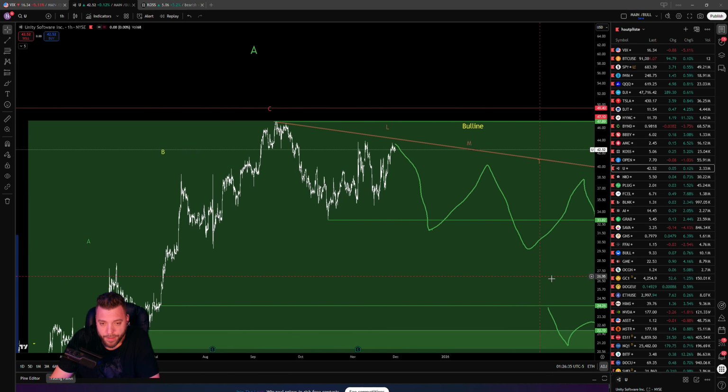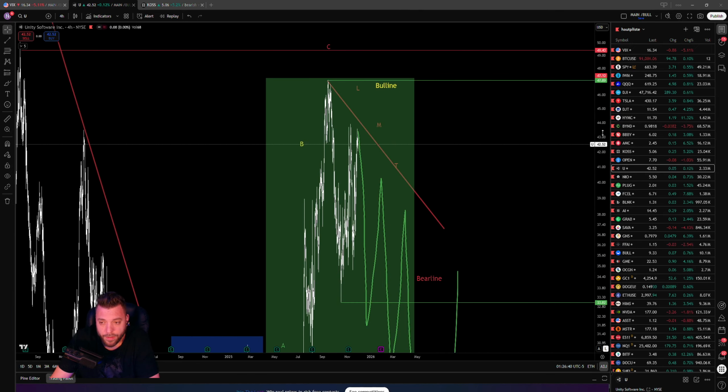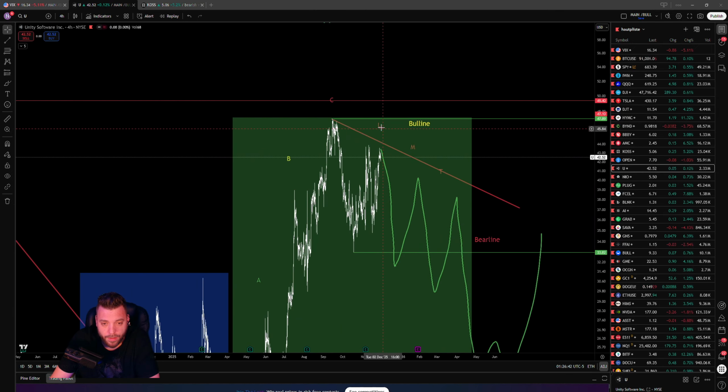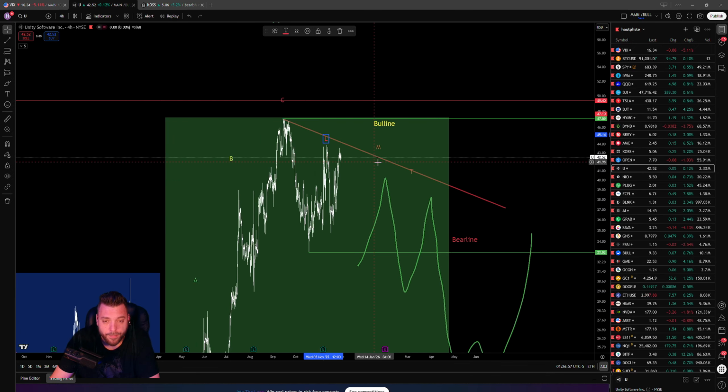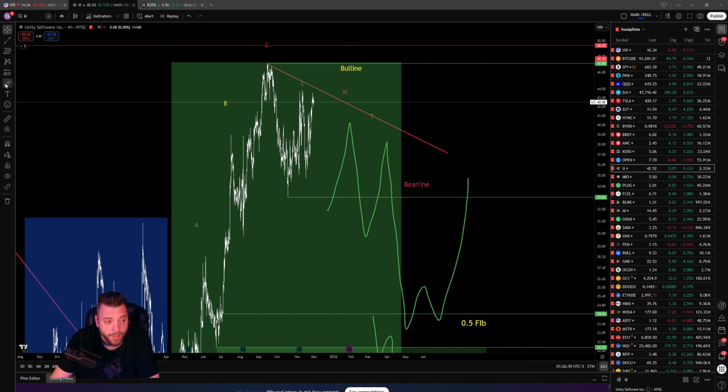So for now, this is still our lower high. If we go over it, then this is our new lower high. The only thing we're not allowed is to break 47. But still, the lower high for me isn't finished.